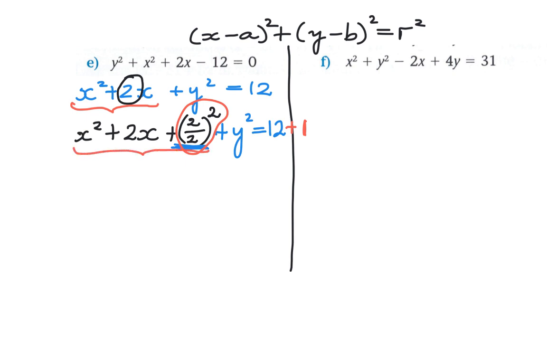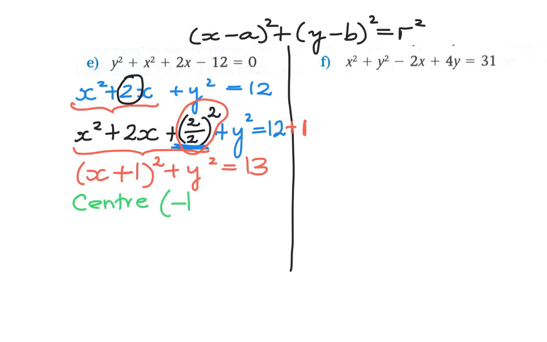Now this I can group as (x plus 1) squared, okay, that's my perfect square trinomial, plus y squared equals now 13, which means that the center of my circle in this example has coordinates -1 and 0 and the radius of square root of 13 units.